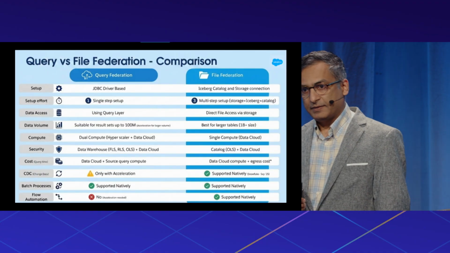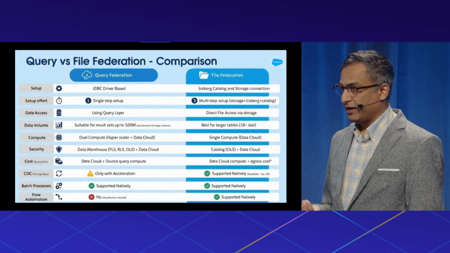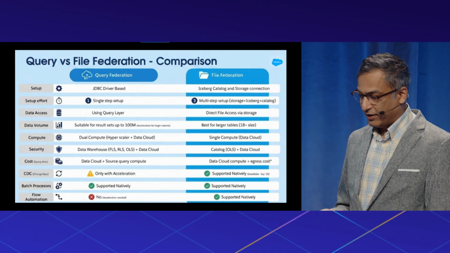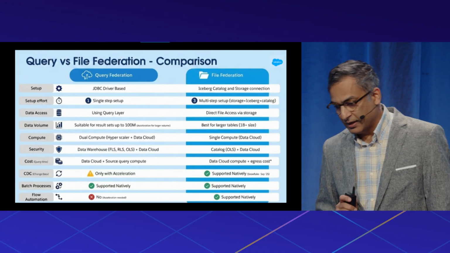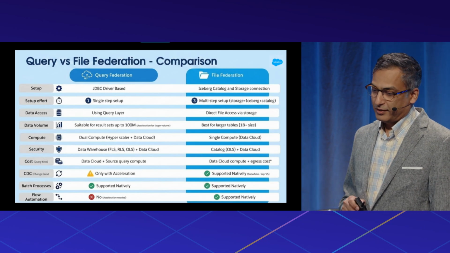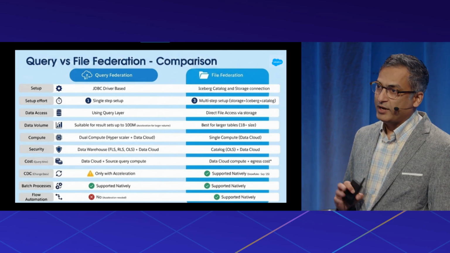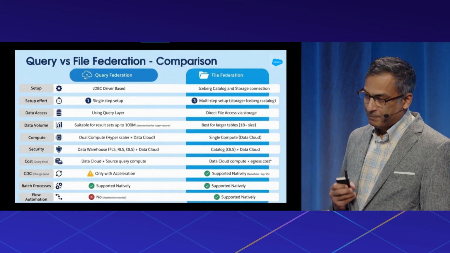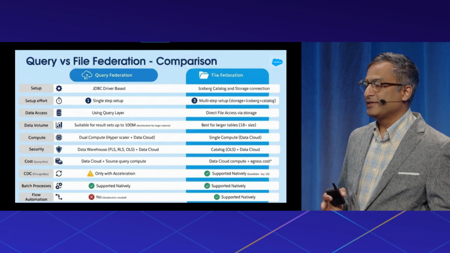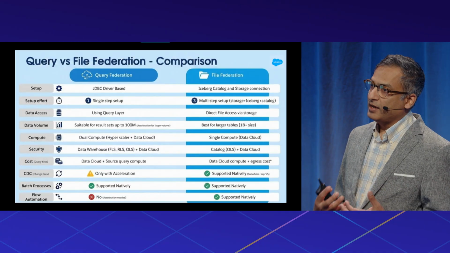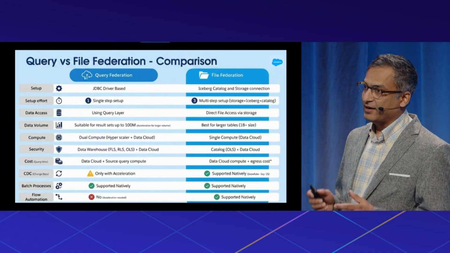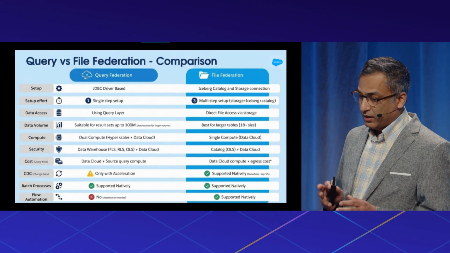The data access for query federation happens at the query layer, and with file federation, it directly hits your storage, and does not use your compute layer at all. The fourth point is critical, which is when do I use query versus file from a volume perspective? When you have data volumes, or let me put it this way, when you're trying to access or bring back data volumes that are less than 100 million rows of data, live query works great.